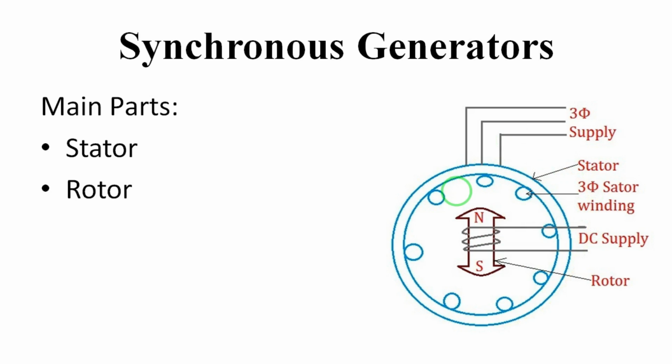What this means is that different laminated sheets are assembled into a single core, the stator part. Because of these laminated sheets, we can reduce the eddy current losses in the core.